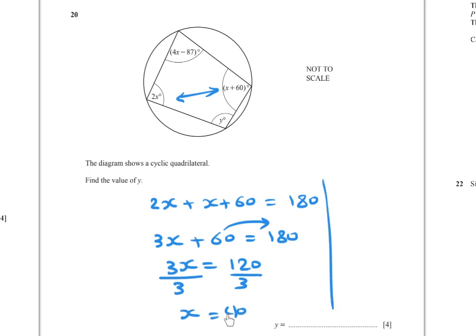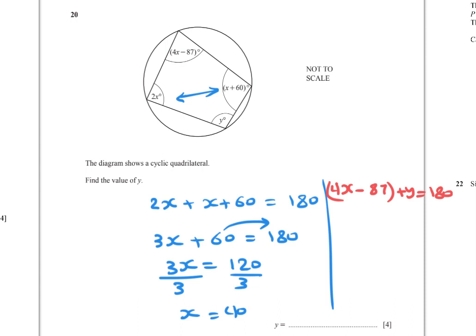Now x equals 40. Second equation, 4x minus 87 plus y equals 180. Now we have x equals 40, so substitute x equals 40.